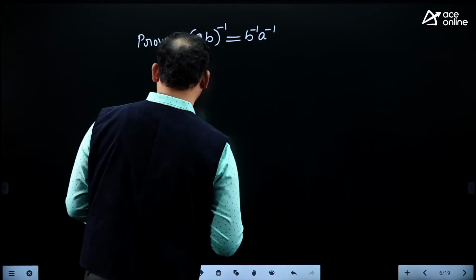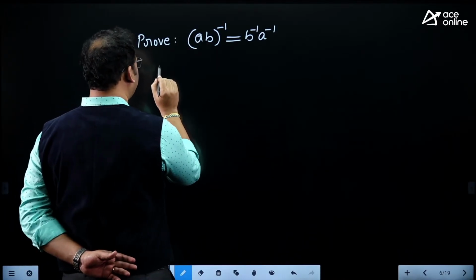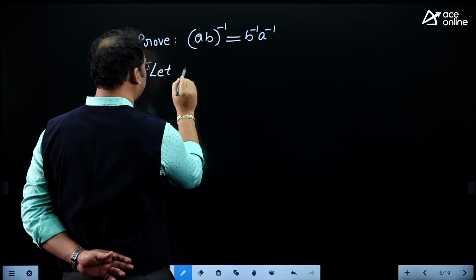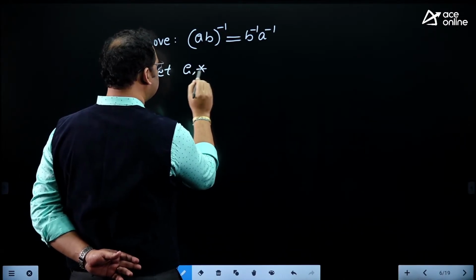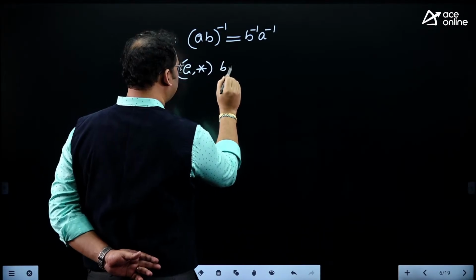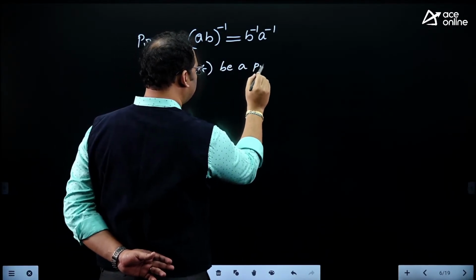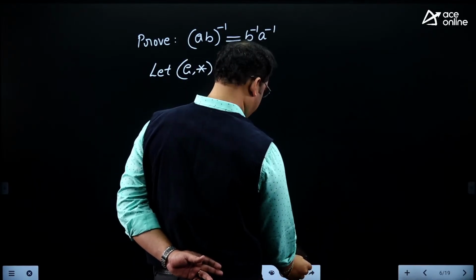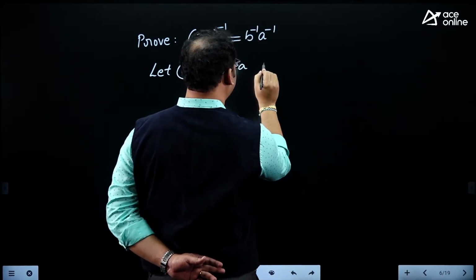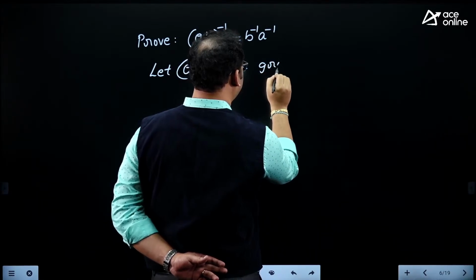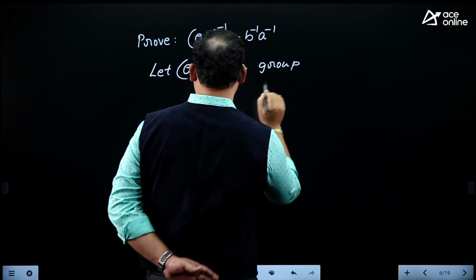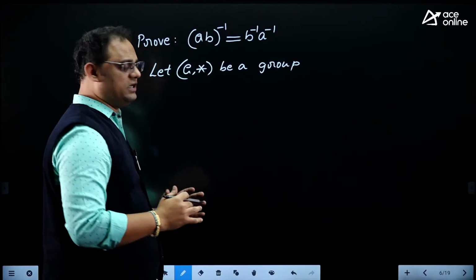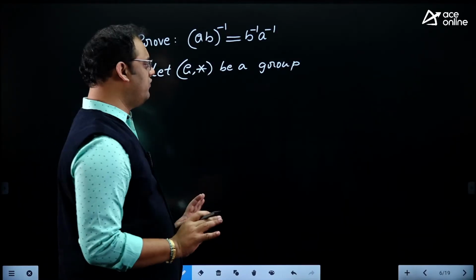In the given group, let G star be a group. When I write this, G star be a group, it means that the given structure follows all your four properties.